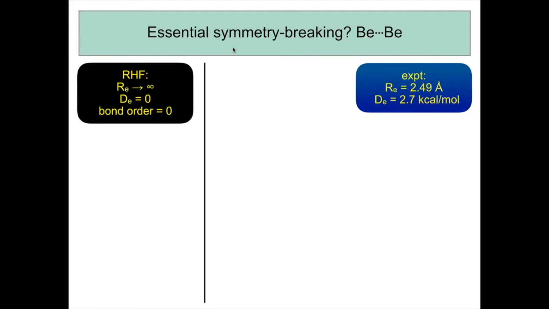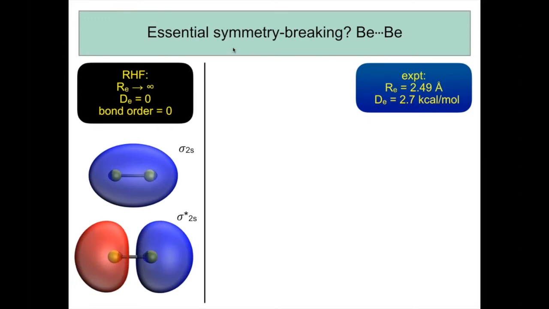If you do restricted Hartree-Fock, the equilibrium bond distance actually is infinity, and the dissociation energy is 0, and that's all because the bond order is 0. Basically, you get the 2s orbitals you can combine in phase and out of phase, make one bonding, one anti-bonding, but there's no net bonding, and therefore there's no minimum on the curve.